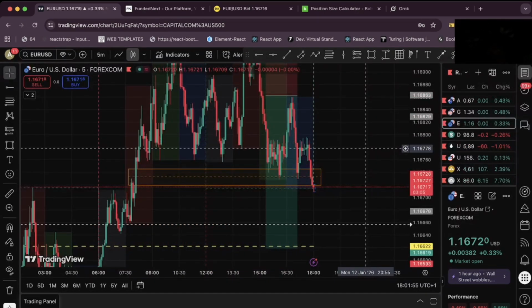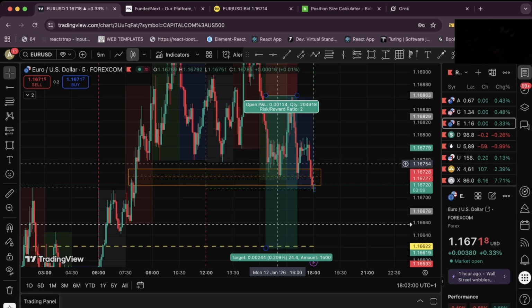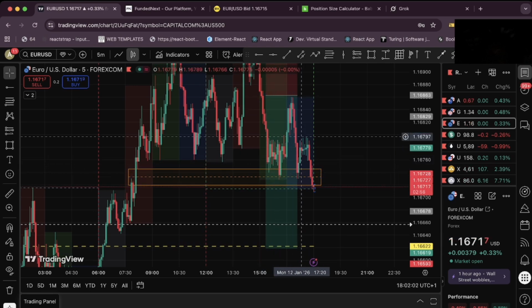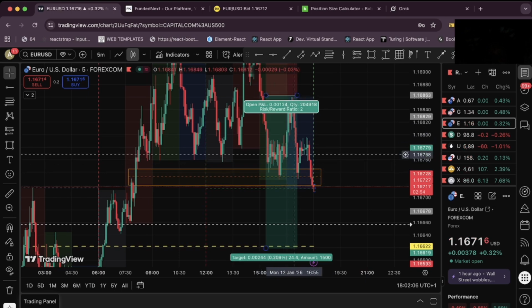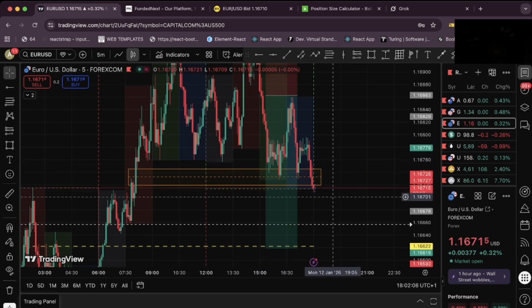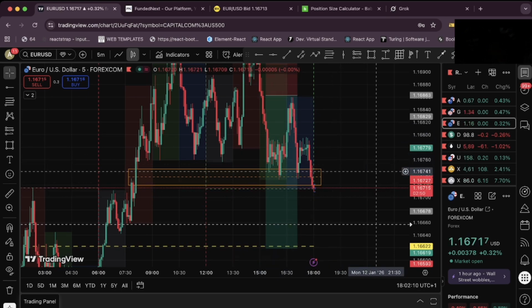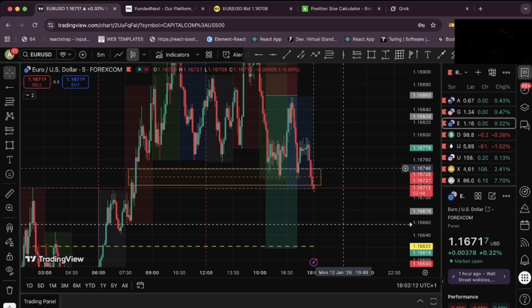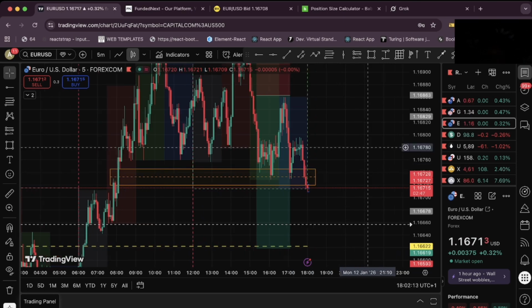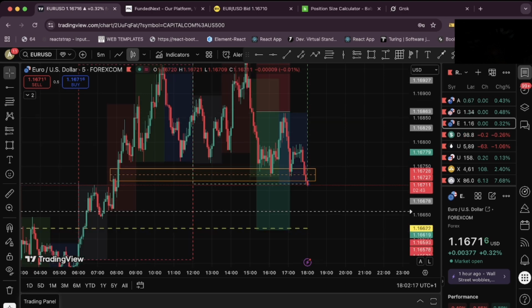You guys remember how we said that it was a bit of an issue for price to break it, but now price managed to break it, which is fine and good. So what I did, since we've been able to break that, I moved the stop loss from break even all the way down there.